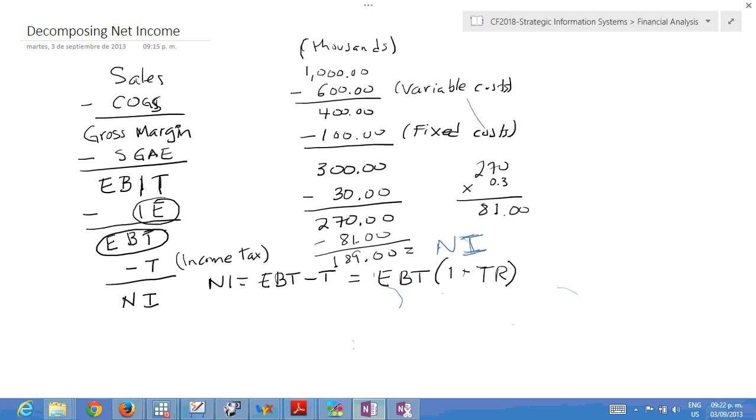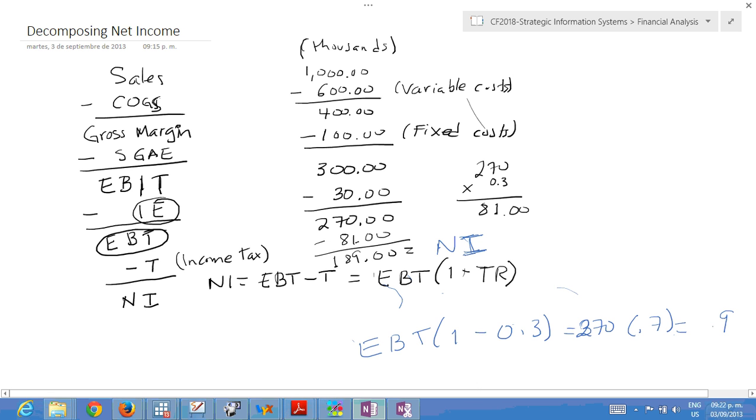Now this is the same as saying earnings before taxes times 1 minus 0.3, which is multiplying the 270 times 0.7. 7 times 7 is 49, 7 times 2 is 14 plus 4, 189.